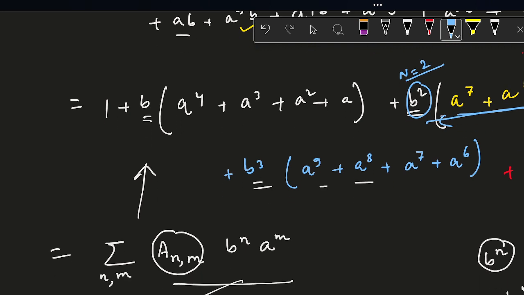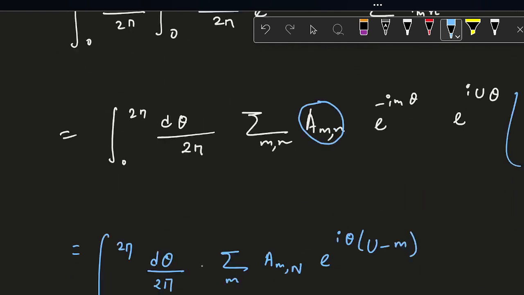By the same rule, if you want u equal to 6 and n equal to 2, it is again 1. Same goes for u equal to 4 and u equal to 3. Only for u equal to 5, where there is a 2 a to the power 5 term, the coefficient is 2. Only there you get a with u equal to 5 and n equal to 2, the coefficient value is 2.